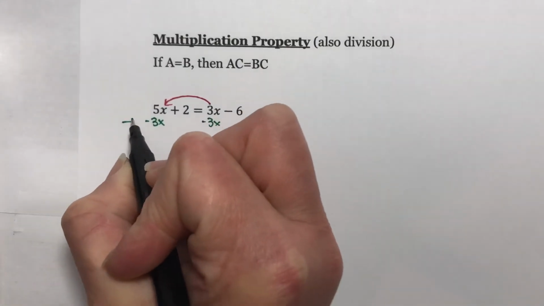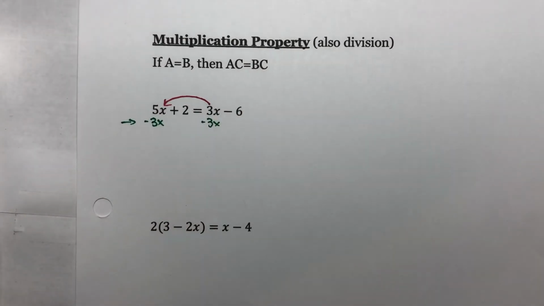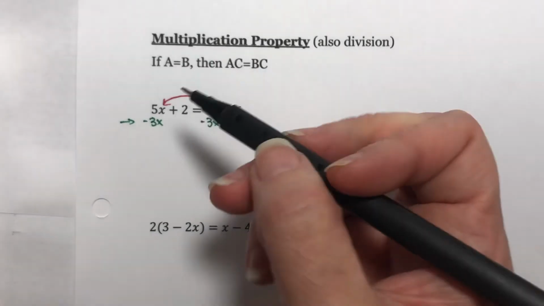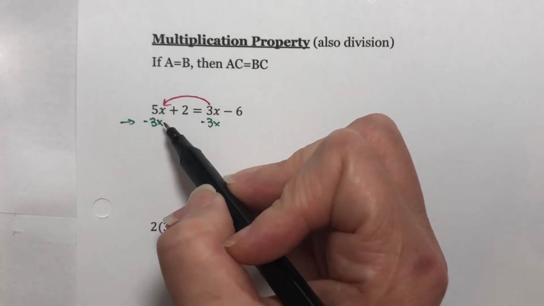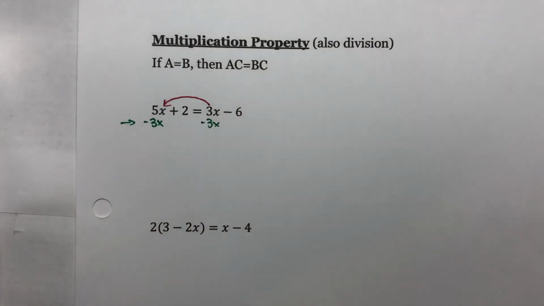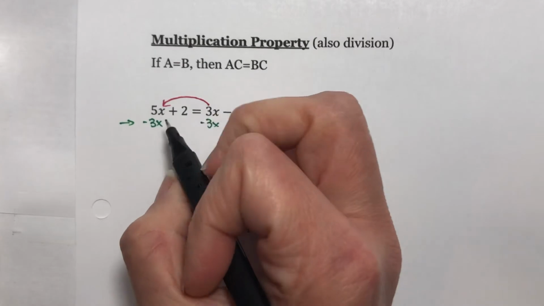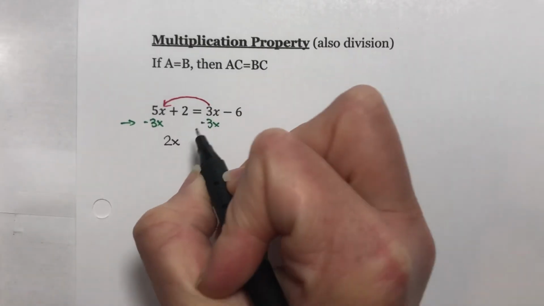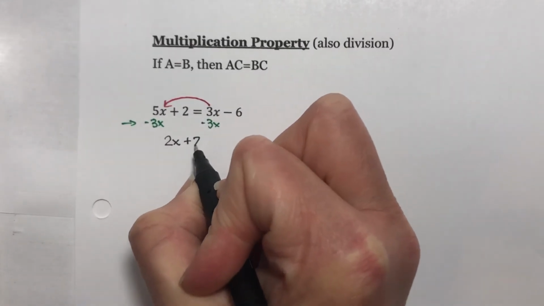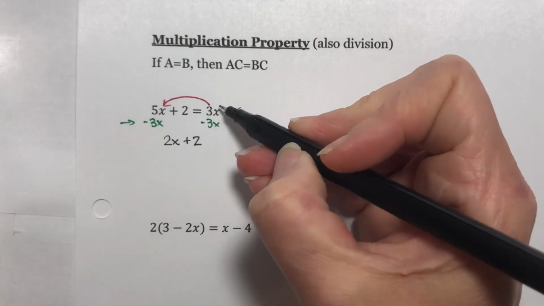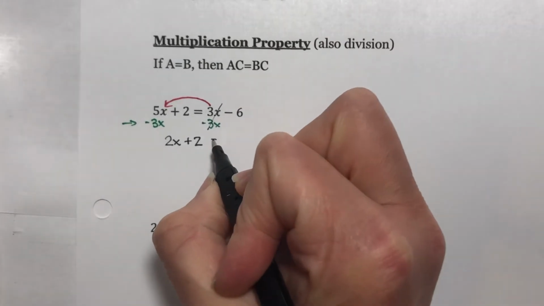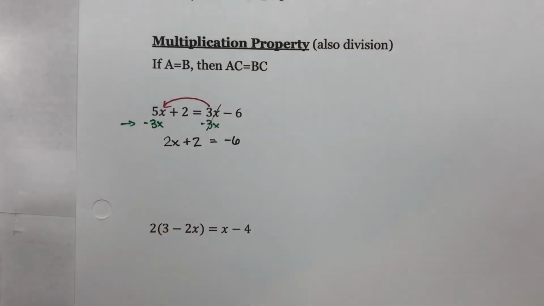This is the step I do not generally write in this course. I say we subtract 3x from both sides, but I don't usually write it. 5x minus 3x is combining like terms, which gives me 2x, and then plus 2. This would cancel out, so it's equal to negative 6.